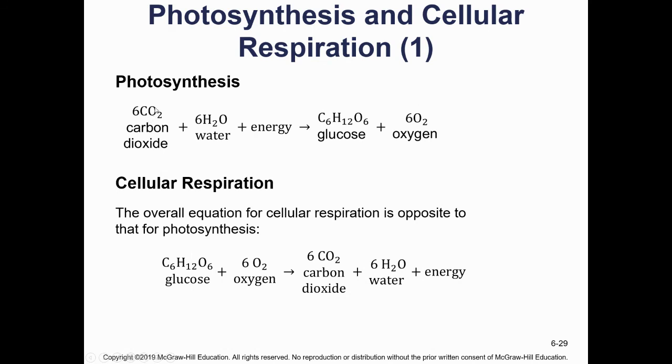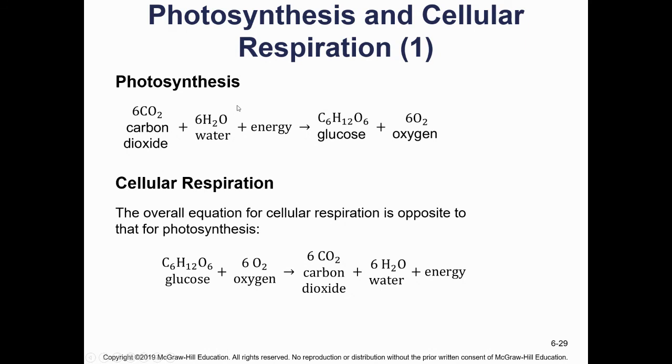So this is endergonic. I have to put energy in order to build a bigger molecule from a small one. It uses lots and lots of enzymes because, as I said, this arrow here is really lots of separate small steps that take place. And in this process, this is also an oxidation reduction reaction.